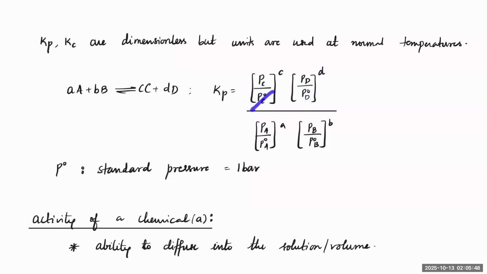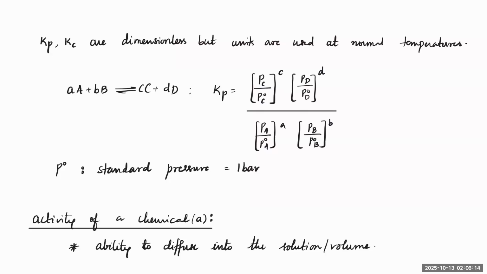And in their standard form, P naught C, P naught D, P naught A, and P naught B all will have 1 bar. This is the standard form that is being taken: for any gas, the standard pressure is always 1 bar. So now you can see there are no dimensions because the pressure terms are all getting cancelled. So Kp will be like that. Same logic with Kc also.